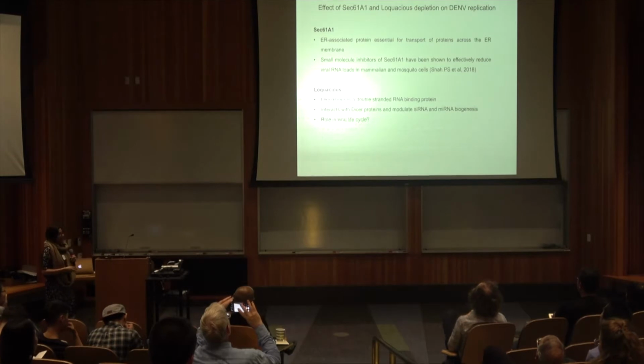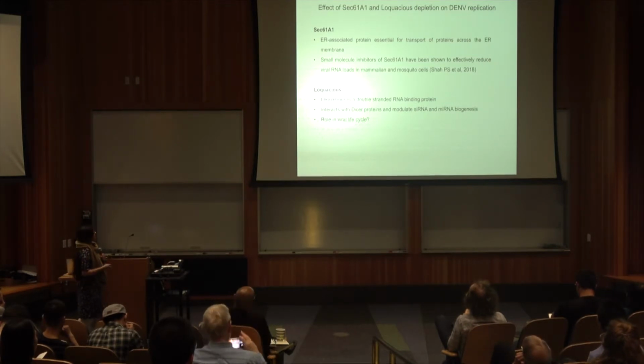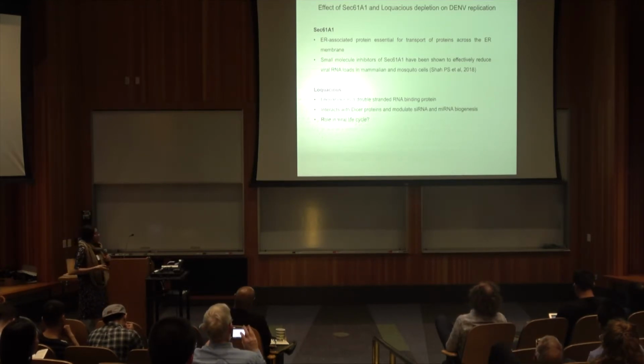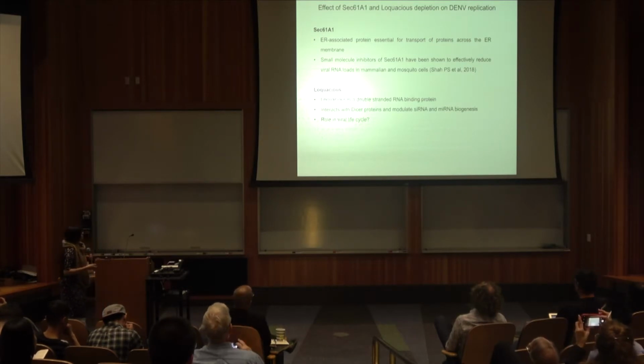So what are these proteins? Sec61A1 is an endoplasmic reticulum associated protein that is involved in protein transport across the ER membrane. Recently, it was shown that small molecule inhibitors of Sec61A1 can effectively reduce the dengue viral RNA loads in both human and mosquito cells, which makes it a very good positive control for our assay.